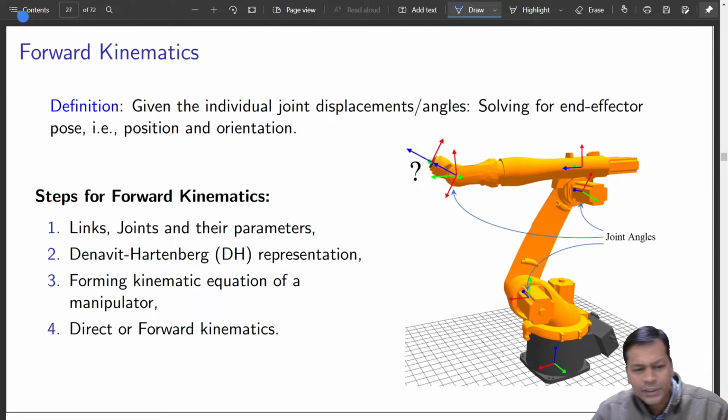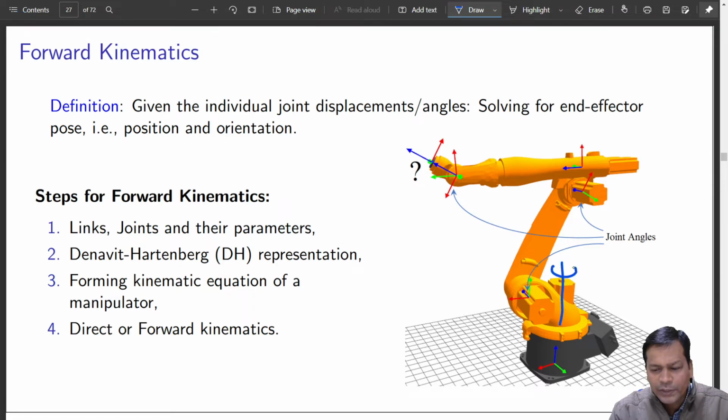Okay, so now what is forward kinematics? Basically, a robot goes to a pose, meaning position and orientation, by the effect of rotating individual joints. So this is the first joint, this is another joint. You can rotate this by some angle, and then you can rotate about this axis, about this axis, about this axis.